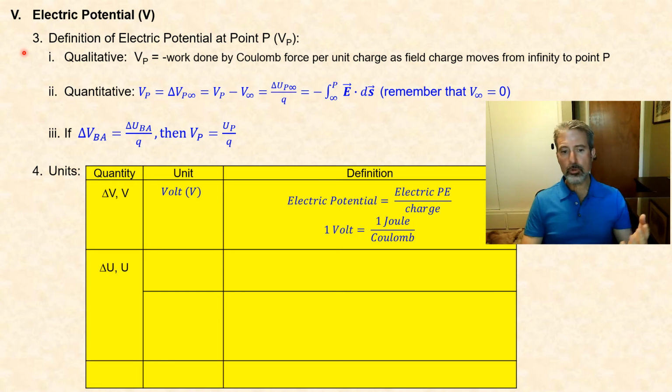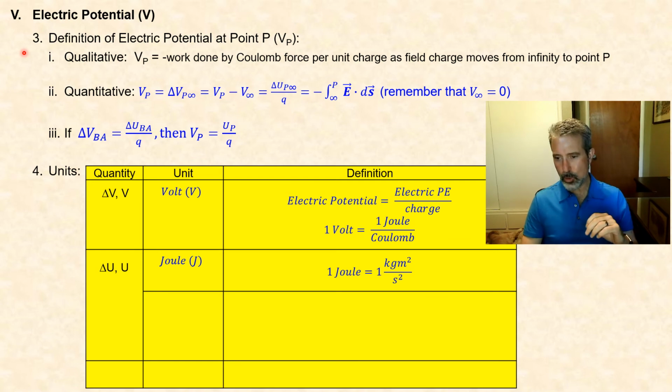When it comes to electric potential energy and electric potential energy difference, well, we already know our SI unit is the joule, and you know that a joule is a kilogram meter squared per second squared, right? It's a Newton times a meter.